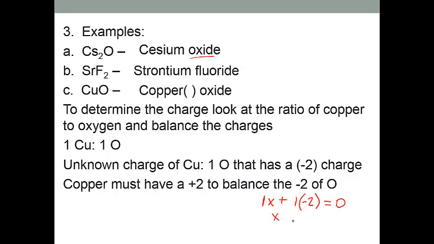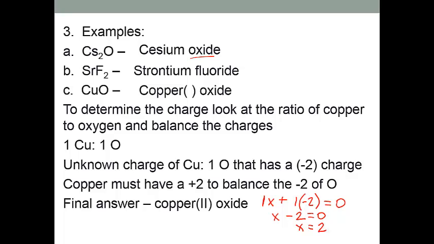So x, we know that 1 times a -2 is -2. So x minus 2 equals 0, and that means our x, our unknown charge, has to be 2 in order for them to balance out. So our final answer would be copper with a Roman numeral 2 in the parentheses, oxide.